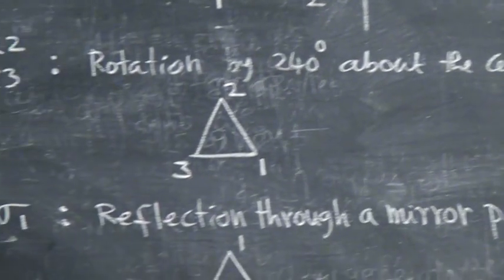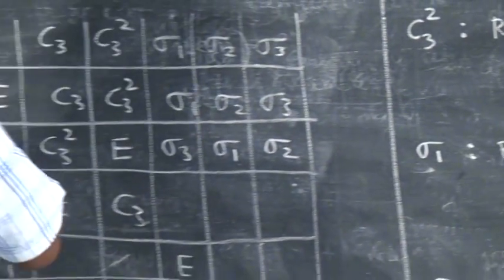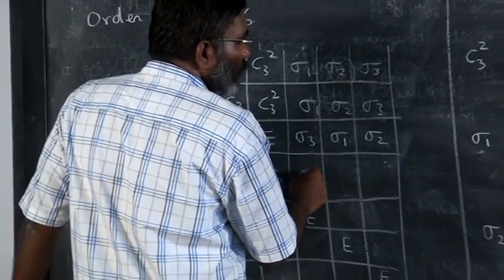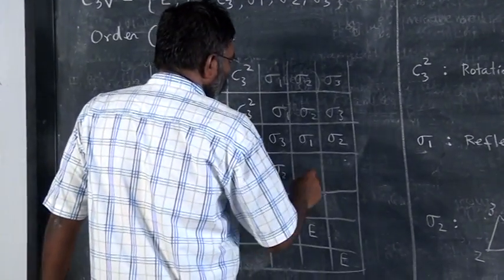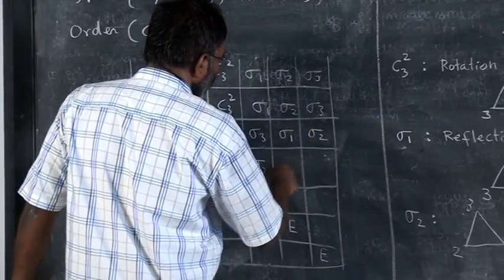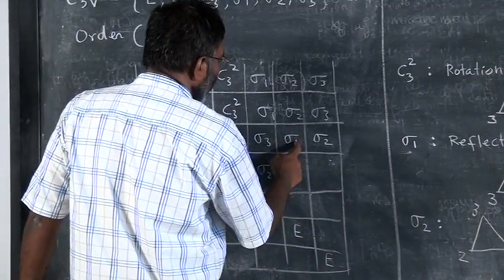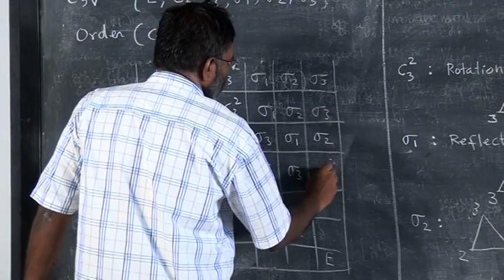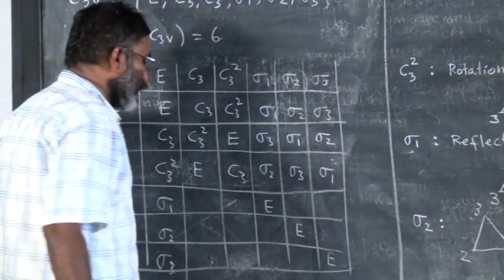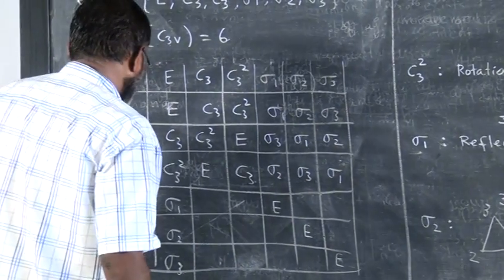Of course, I do not have to do that also, but let me put this is sigma 2. Okay. Now, I can put sigma 2, sigma 1 is already there. So, I have to write sigma 3 and sigma 1 here. So, I have filled these things very easily.